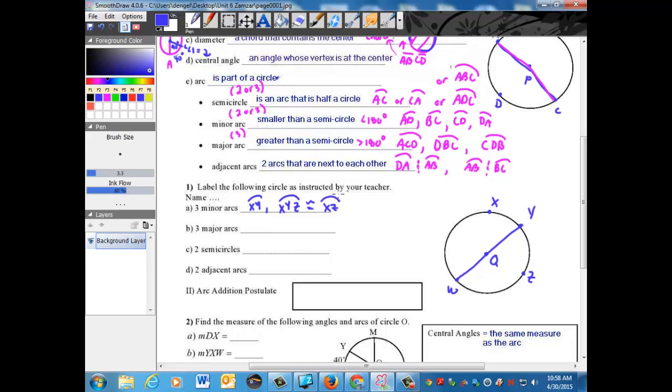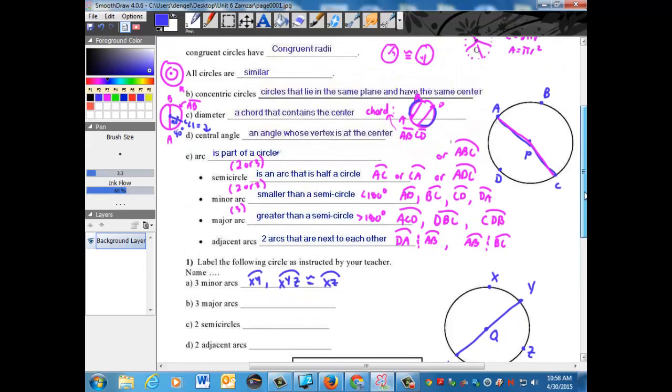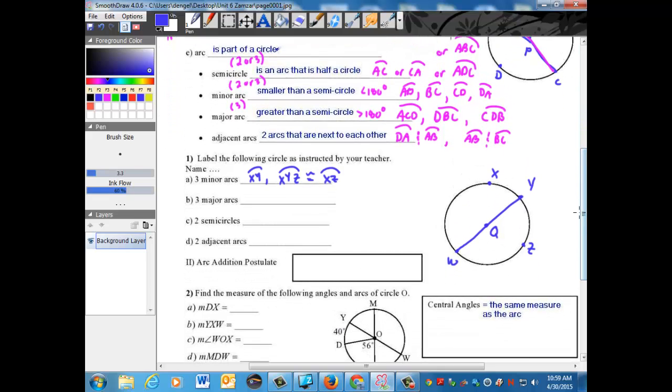It's the same minor arc. Just like back up here where we said that semicircle could be AC or CA. We also said that we had semicircle ADC. So there's more than one way that we can show semicircles, minor arcs, and major arcs.